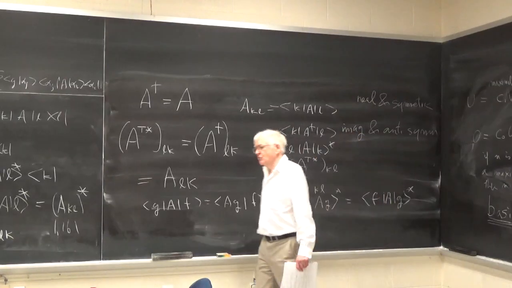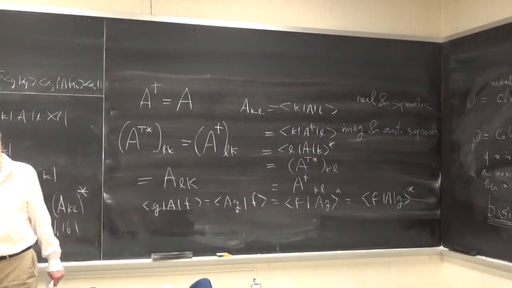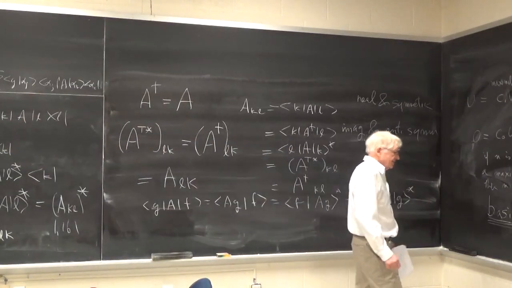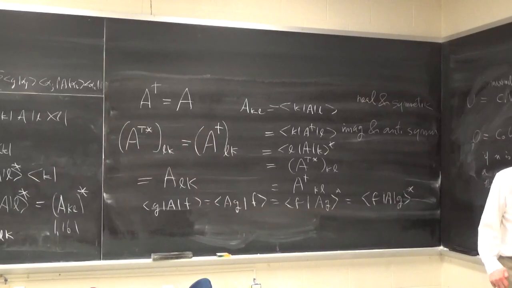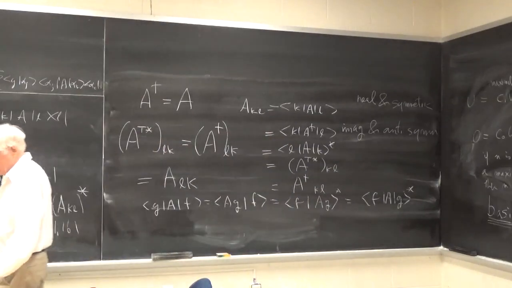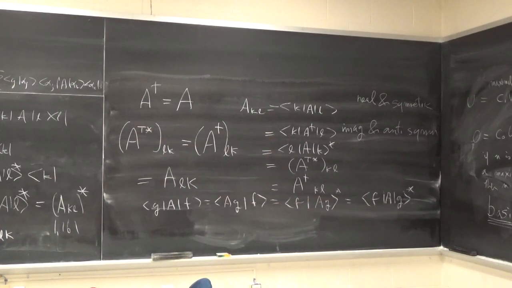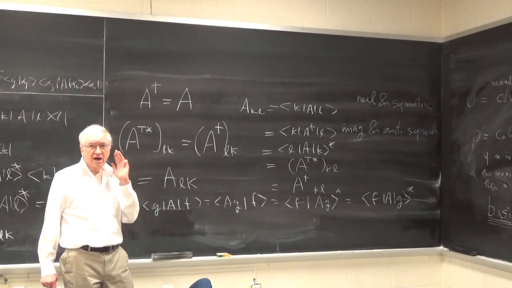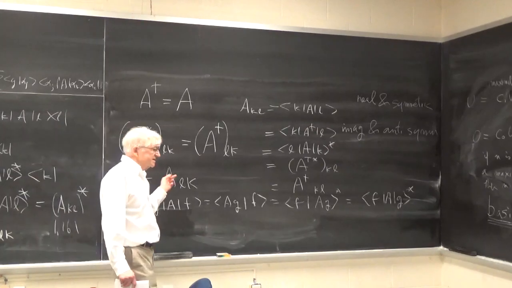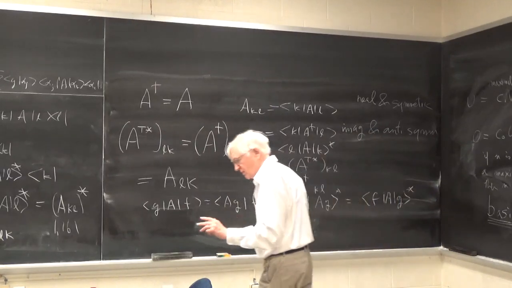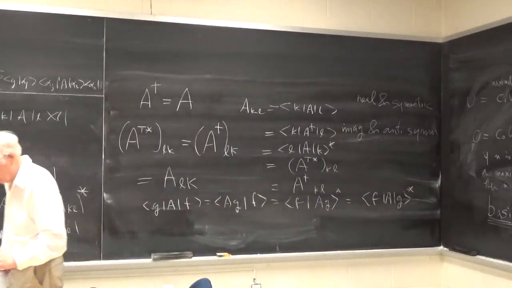But of course, if something is real and symmetric in one basis, it needn't be real and symmetric in another basis. And if something is imaginary and anti-symmetric in one basis, it needn't be imaginary and anti-symmetric in some other basis. But if it's real and symmetric in one basis, then it will be hermitian in every basis. So hermitian is a property of the operator. Being real and symmetric, or imaginary and anti-symmetric, are properties of the matrices that we use to represent the operator in a particular basis.